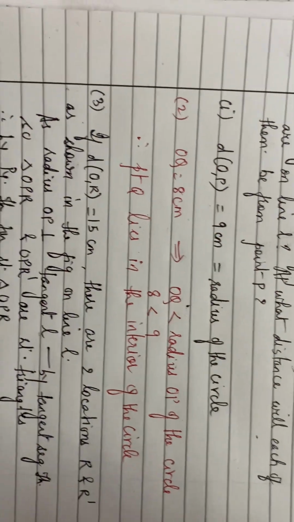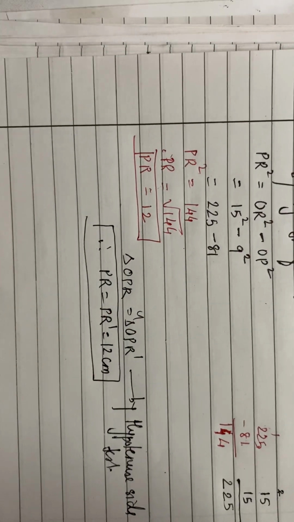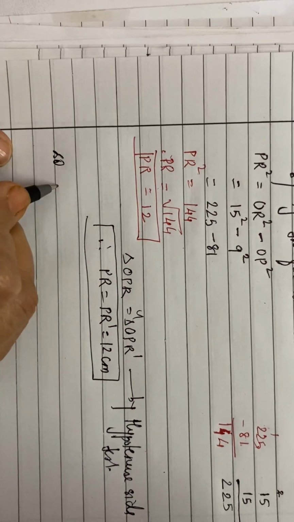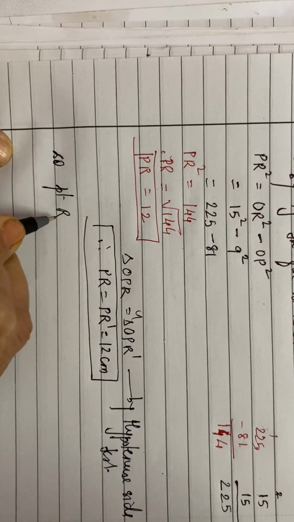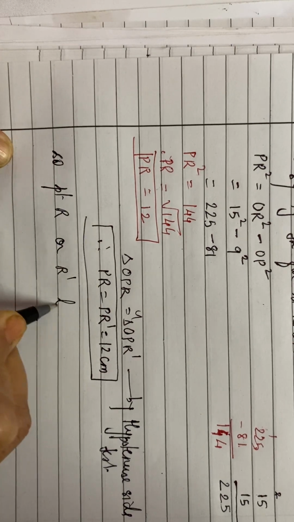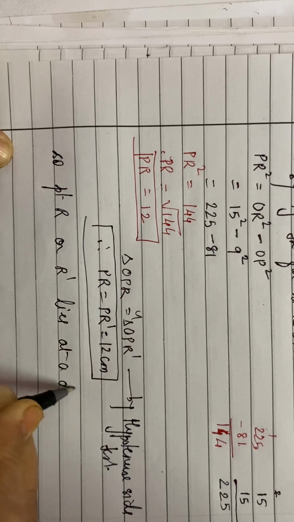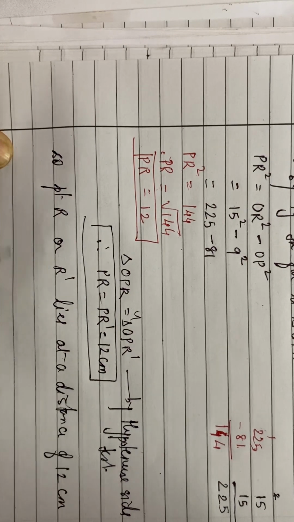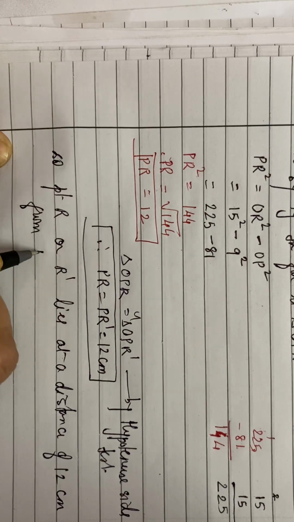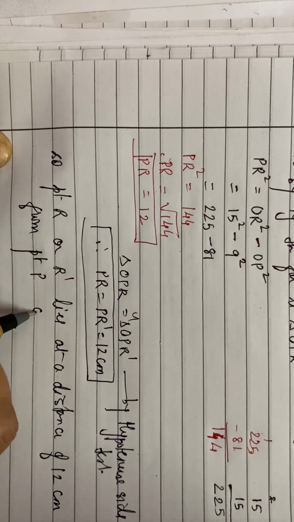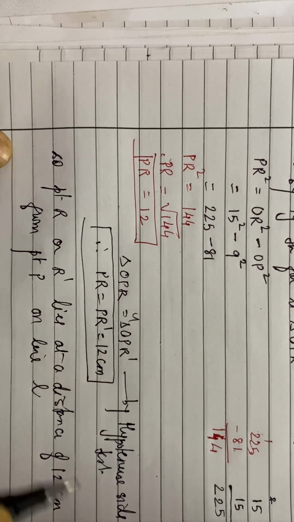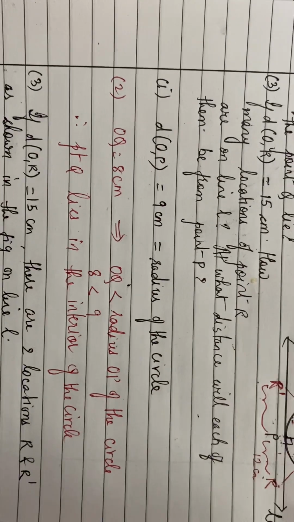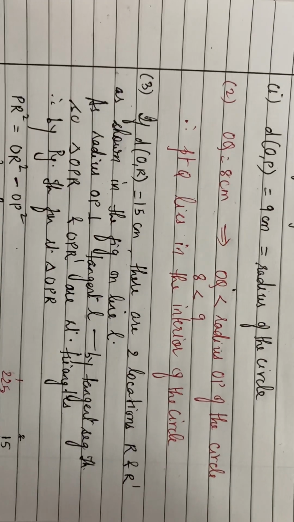They will be at a distance of 12 centimeter from point P. So point R or R dash lies at a distance of 12 centimeter from point P on line L. Getting that? So though the sum seems to be simple, it is an important sum which can come for 3 marks.